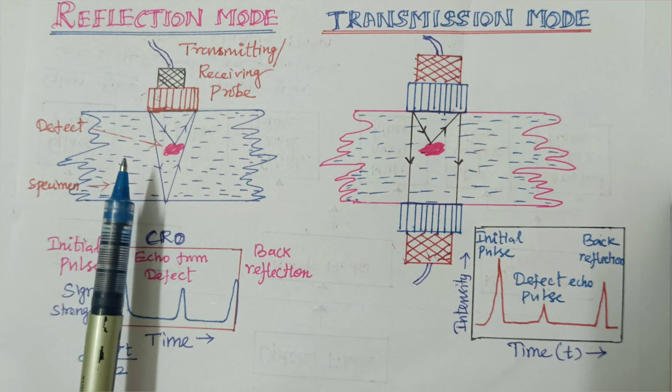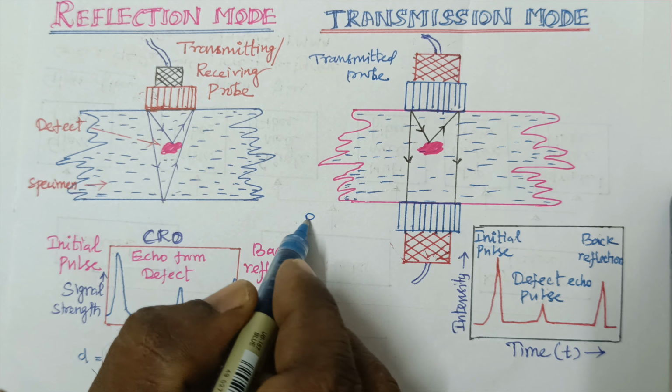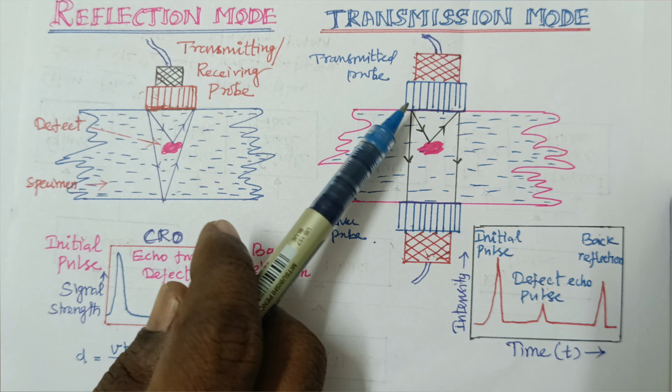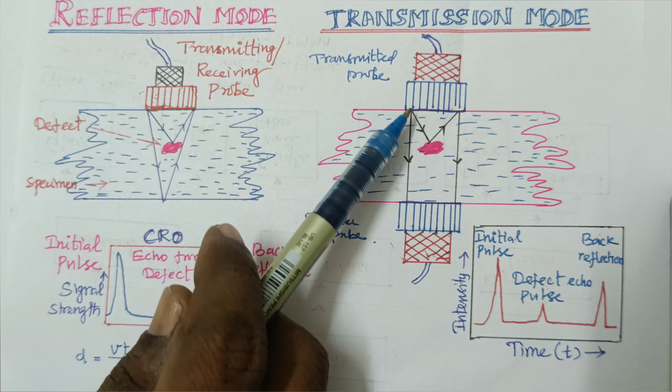The transmitted probe is on top of the sample, directly opposite to the receiver probe, which is fixed at the bottom of the sample.